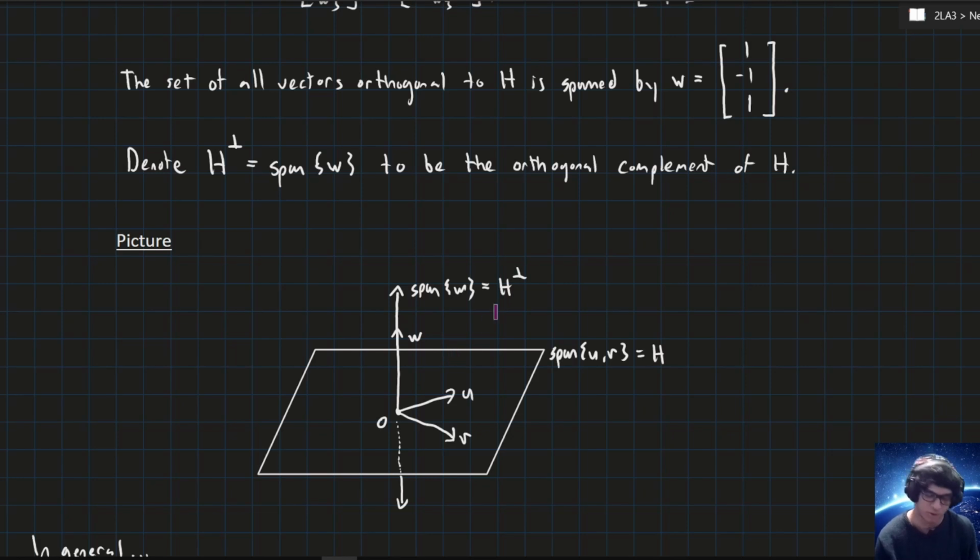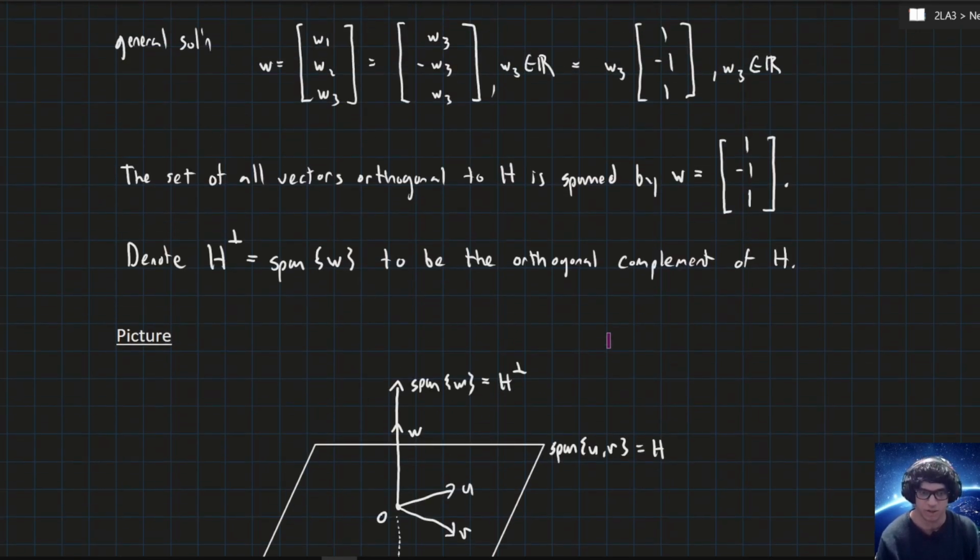Okay, so we could have done it the other way around. We could have started with H perpendicular and then asked what are all the vectors perpendicular to the span of W here. And we do the exact same method to find this plane.